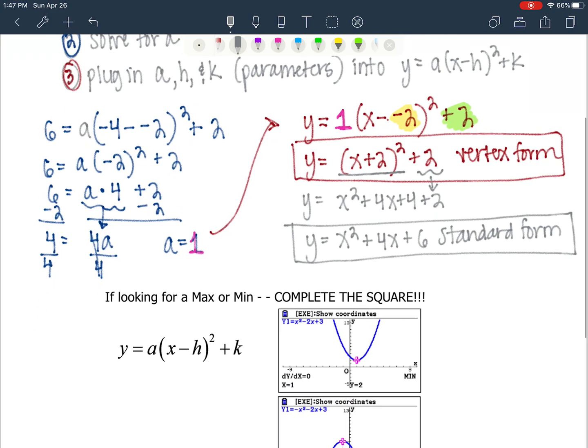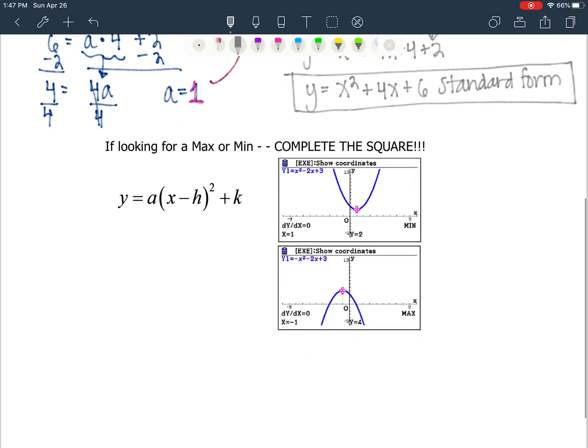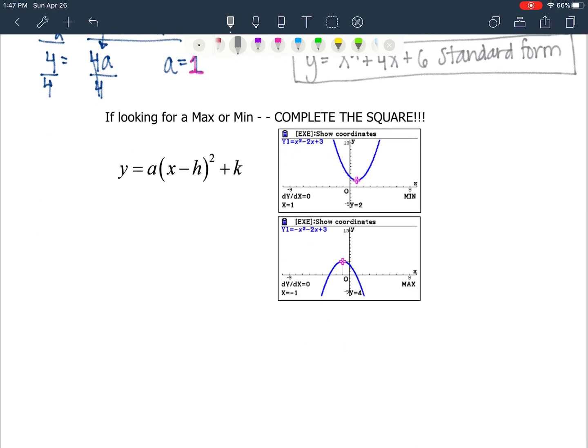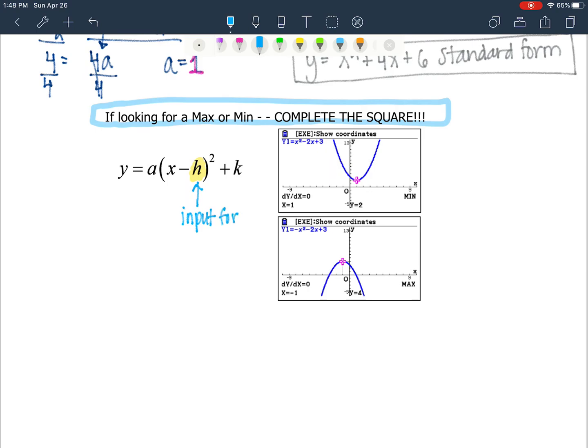So if we are looking for a max or a min, we are going to complete the square. So remember that, because we're going to use that a lot when we're solving word problems. When we're solving word problems, we're going to complete the square, because if we complete the square, we're going to get our input for our max slash min.